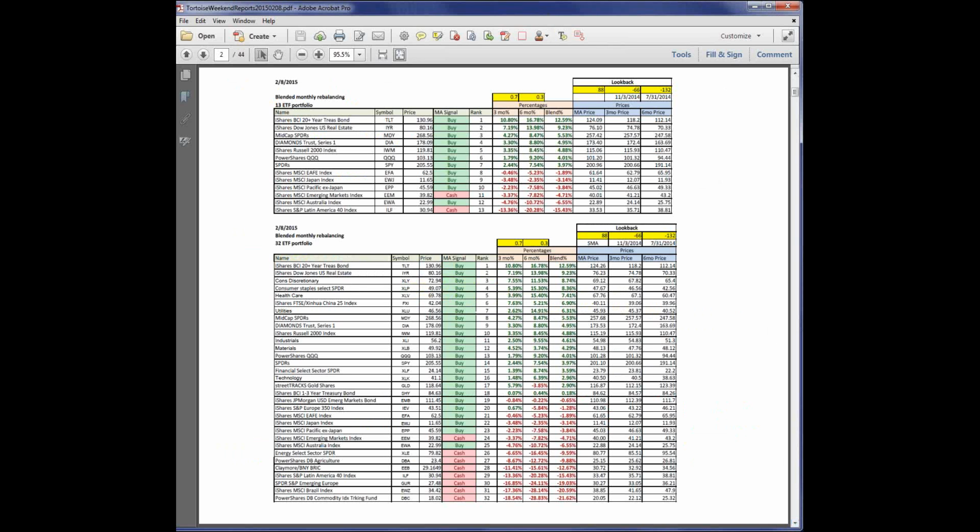Quick look at the blended monthly rebalancing leaders. Most of them are now on a cash position in a 13, and 2/3 of them on the ETF 32.